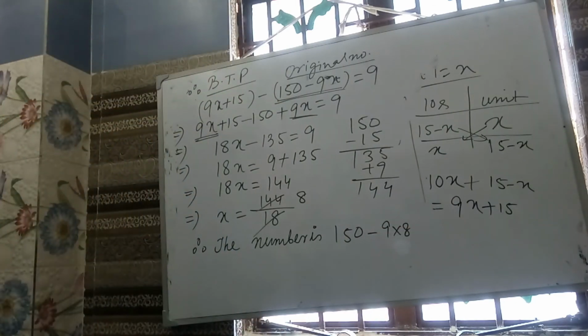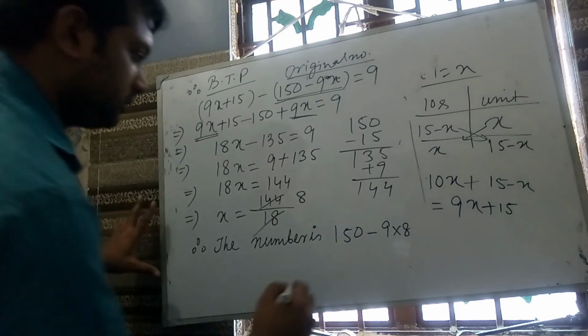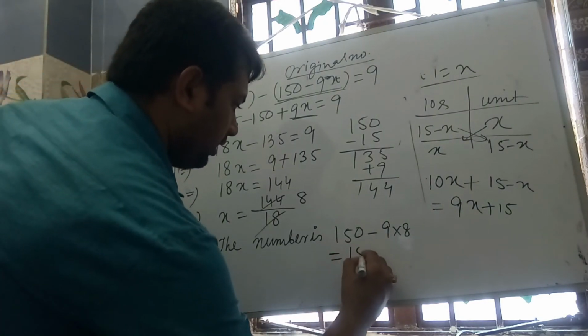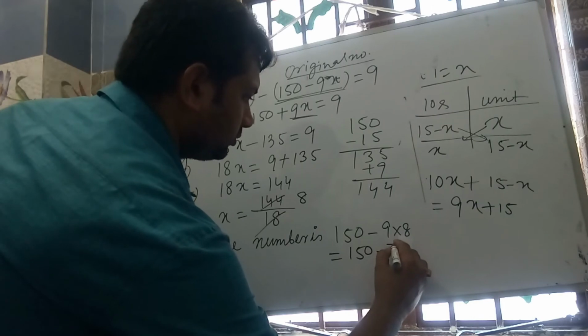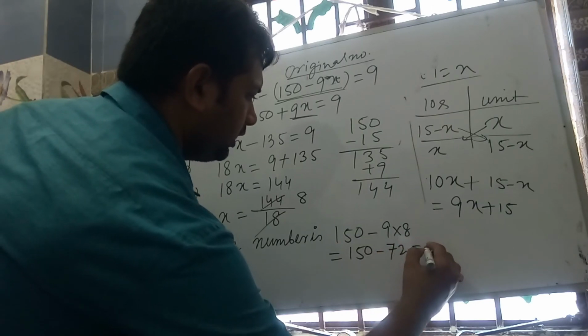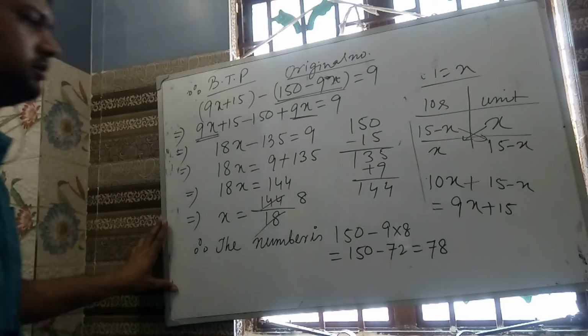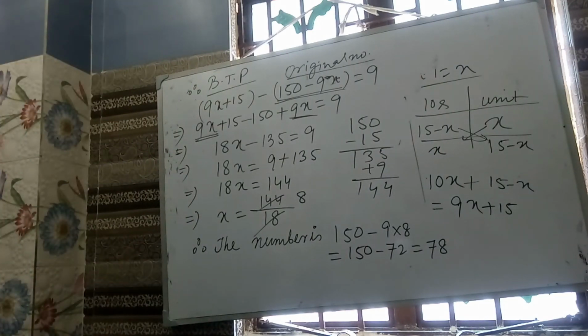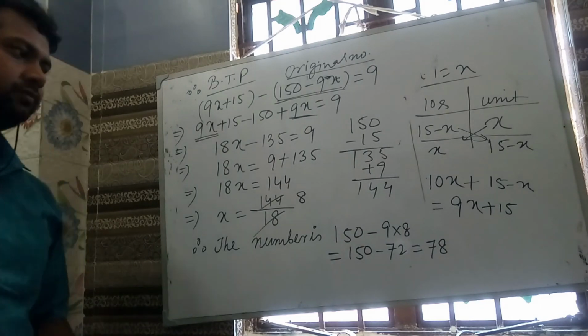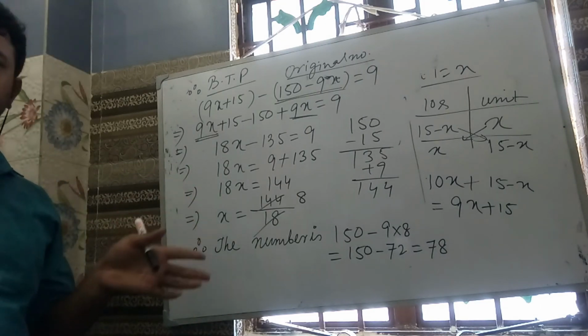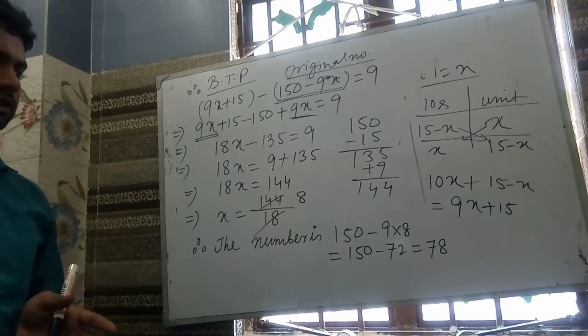What is the result? Yes, 150 minus 72, that is 78. Is that clear? Any doubt, anyone? This is not clear to you.